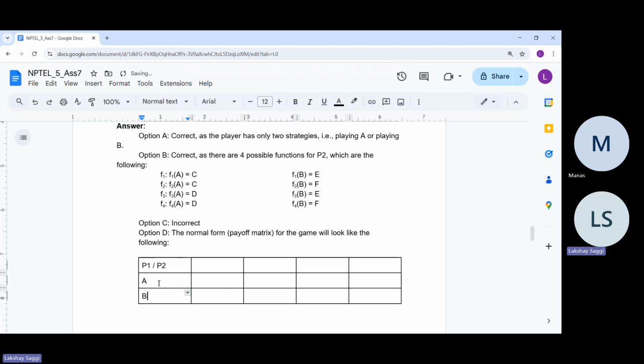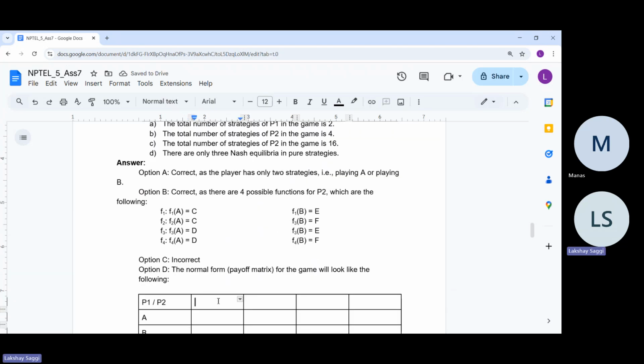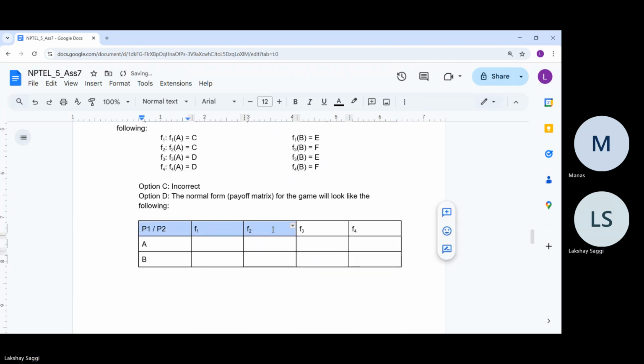Player one's strategies are just playing A or B, and player two's strategies are these four functions, F1, F2, F3, and F4. Maybe I'll put them in bold so that we know these are header-like.